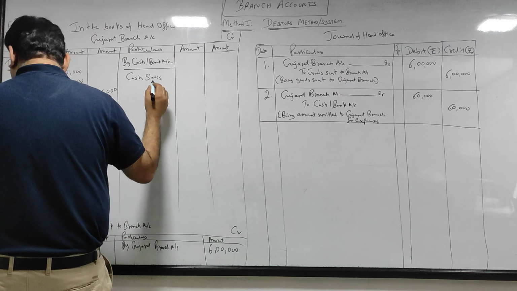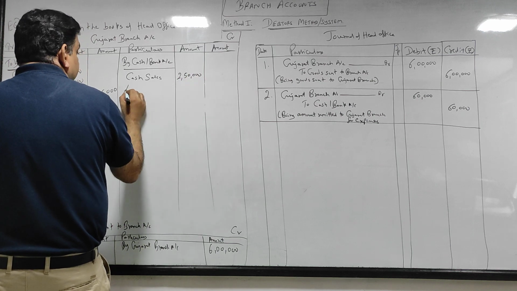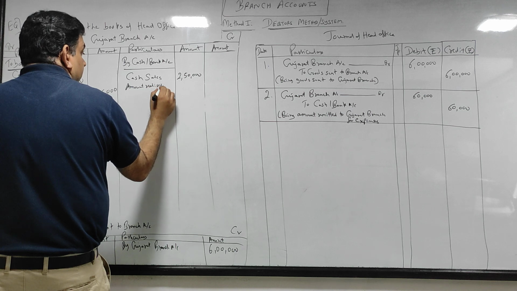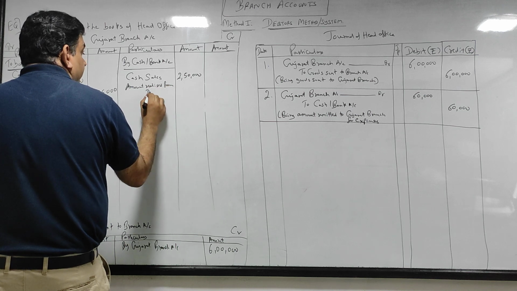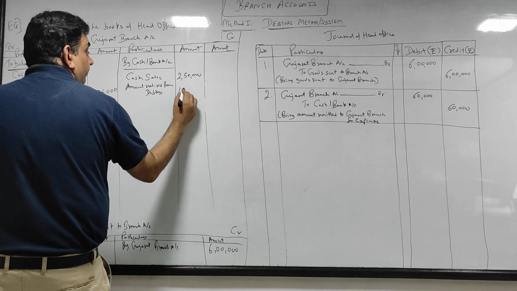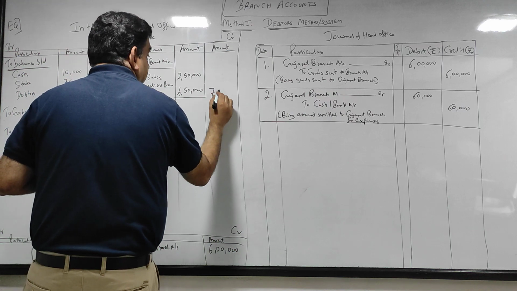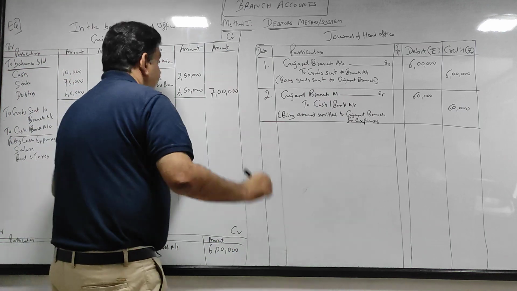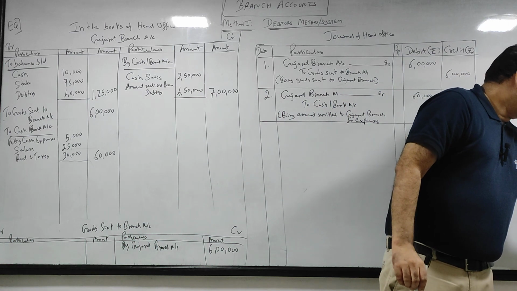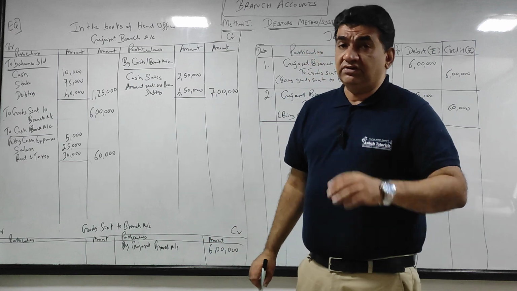Cash sales 250, I will explain this also, and amount realized from debtors. कितना है? 450. So 250, 450, this is 7 lakh. By cash bank, cash sales and amount received from debtors or realized from debtors. Now listen.